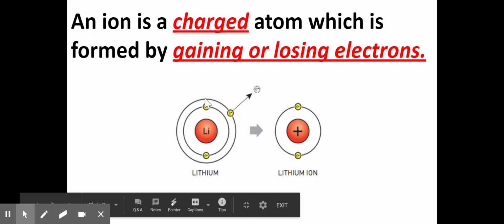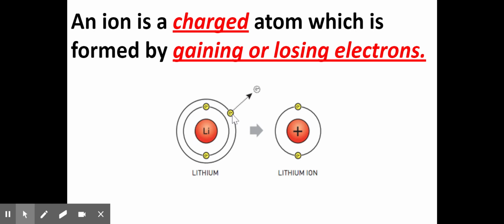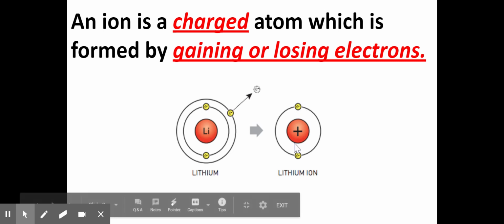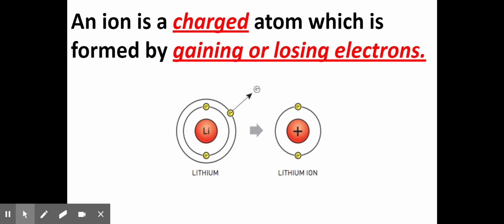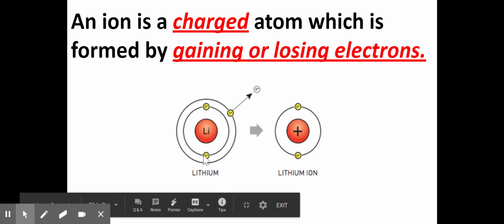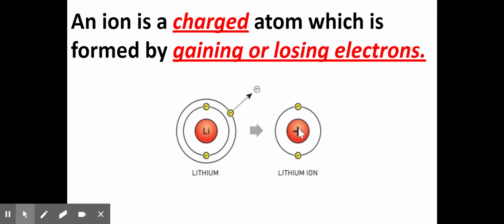Okay, for example, lithium has 3 electrons. It has 2 in the first energy level and only 1 in the second energy level. So lithium would prefer to give away this one. Okay, once it gave away one, it has 2 left. So the difference between the lithium atom itself and the lithium ion is the charge.